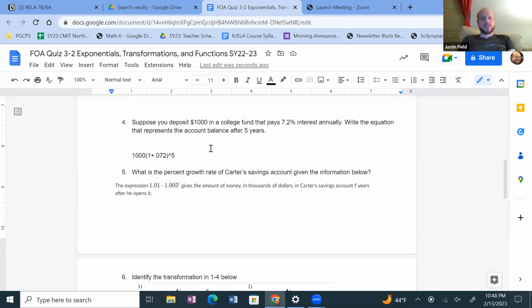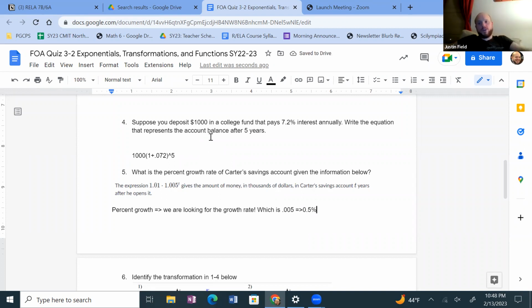What is the percentage growth of Carter's savings account given the information below? Percentage growth. So I'm just going to write percent growth implies we're looking for the growth rate, which is 0.005, which would be 0.5%.